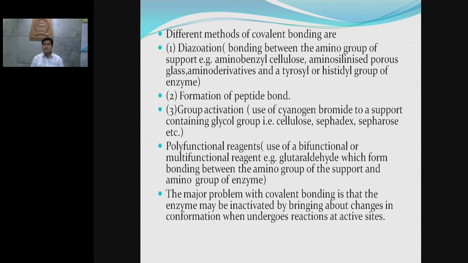The major problem of covalent bonding is that the enzyme can be inactivated by changes in the conformation. So this is not a perfect process, where we can inactivate the enzyme easily by forming a bond between support and enzyme. There is quite a possibility that many changes or reactions occur in the active sites.